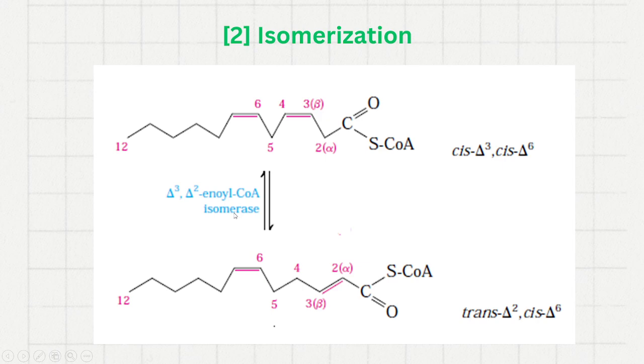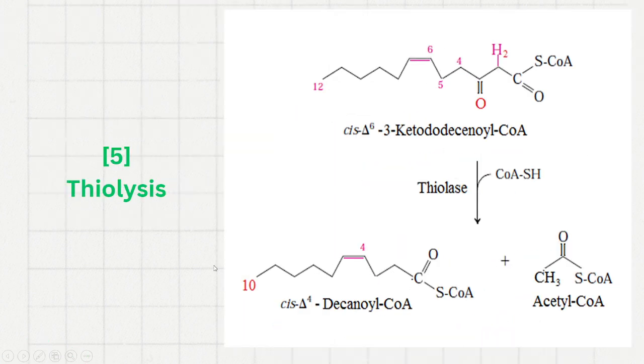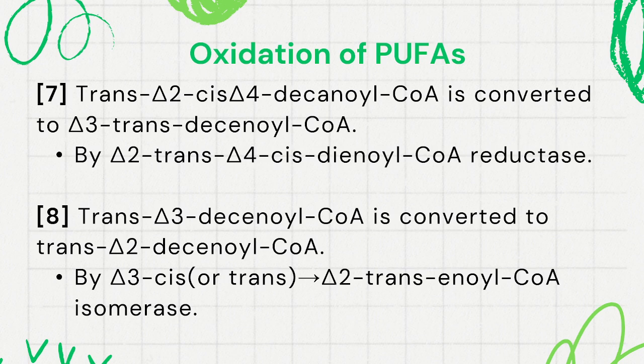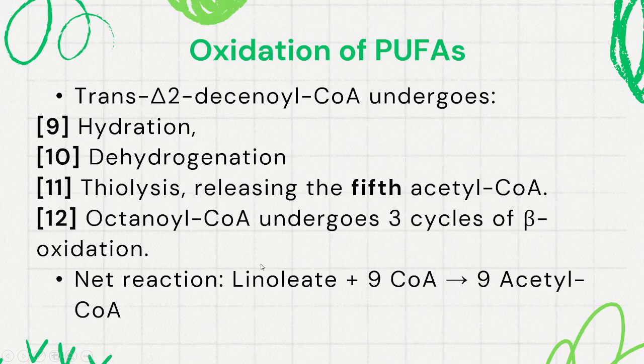We need the isomerase to convert the cis to a trans delta 2. This will be followed by hydration, dehydrogenation, and thiolysis. And then the first dehydrogenation of beta oxidation can proceed. And then we need reduction and isomerization.